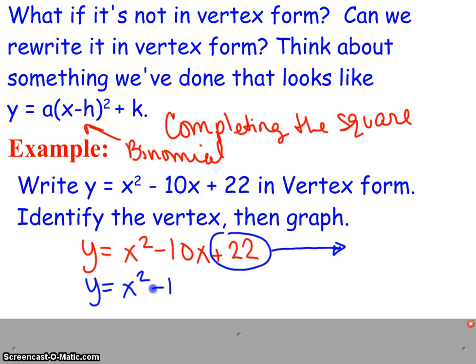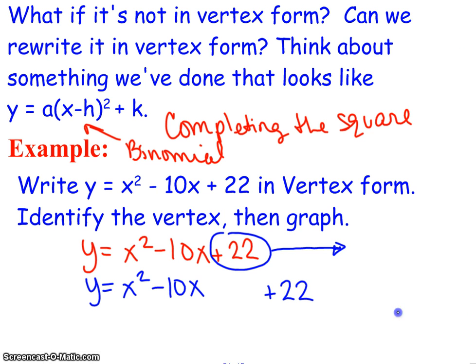Then you can half and square the 10, the negative 10. So when you half and square the negative 10, what do we get? What do we get right here? 25, right. Now the problem is you're on the right side. You just unbalanced this problem by adding 25.